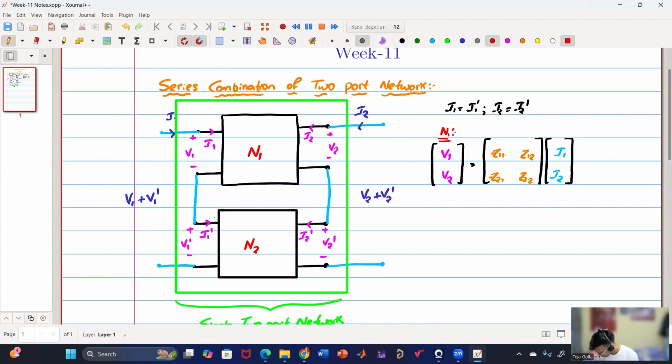Similarly, for network N2, we will have voltages V1 dash, V2 dash equal to, say these parameters are Z11 dash, Z12 dash, Z21 dash, and Z22 dash.